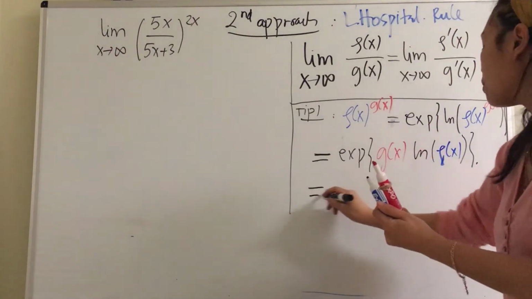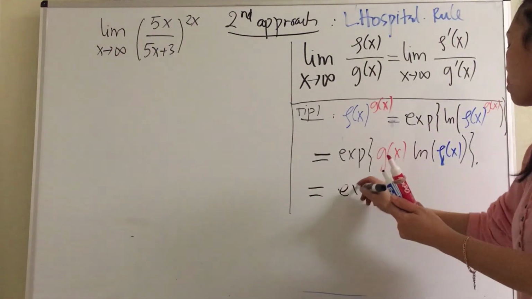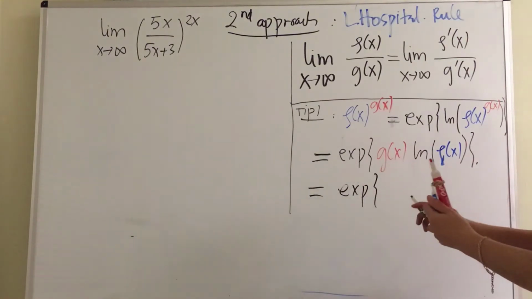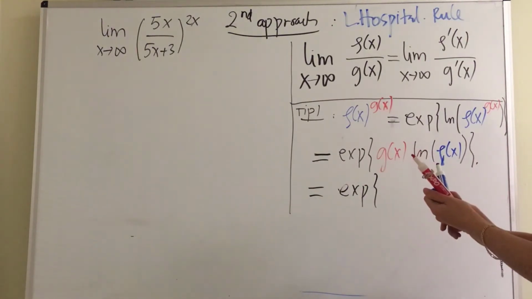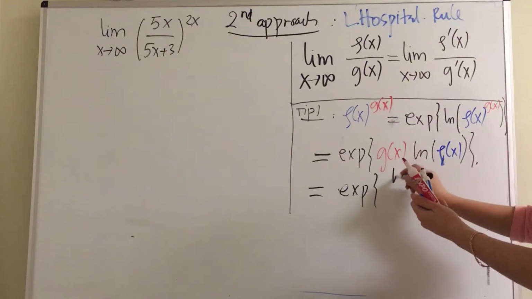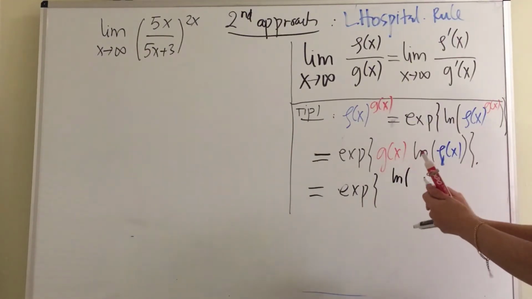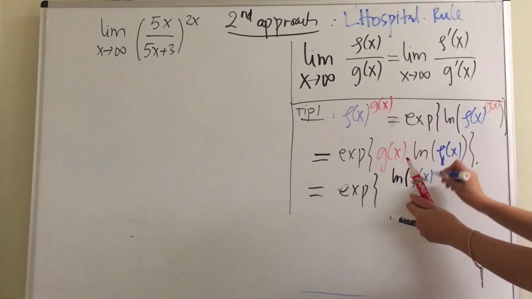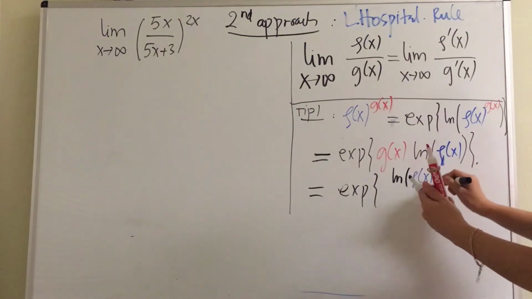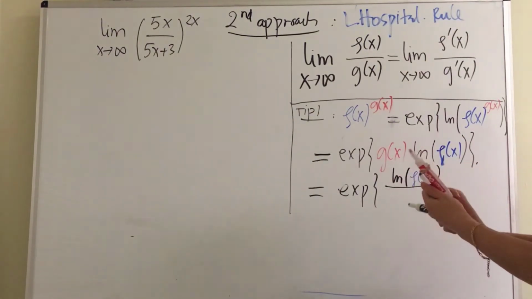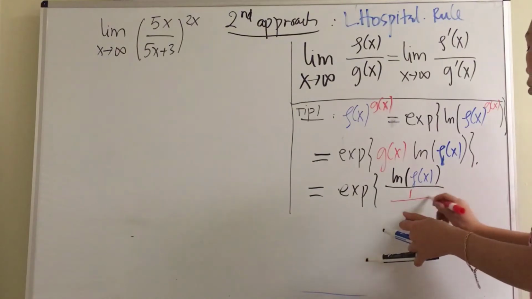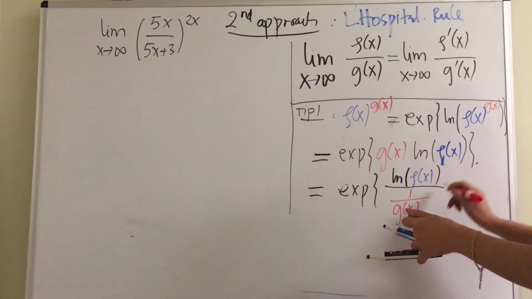And is equal to what? Is equal to exp of natural log of f of x over 1 over g of x. You see that? 1 over g of x.